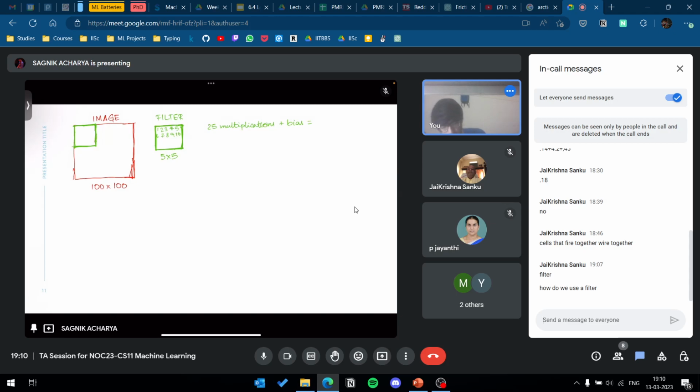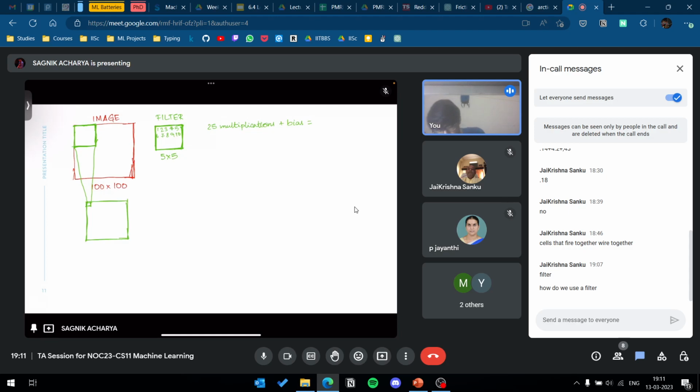So after the convolution operation, you'll have a smaller matrix. This entire thing will just boil down to one value over here, one matrix entry, right?